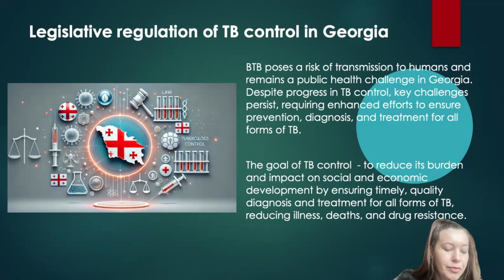The overall goal of TB control in Georgia is to decrease the burden of TB and its impact over the overall social and economic development in the country by ensuring universal access to timely and quality diagnosis and treatment of all forms of tuberculosis, which will decrease illness and deaths and prevent further development of drug resistance.